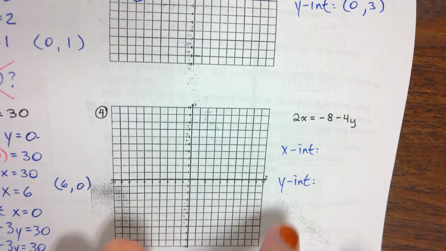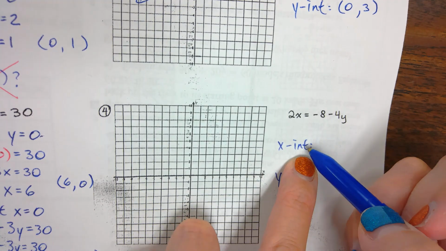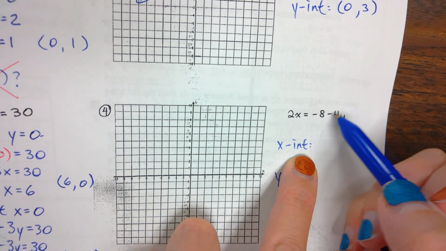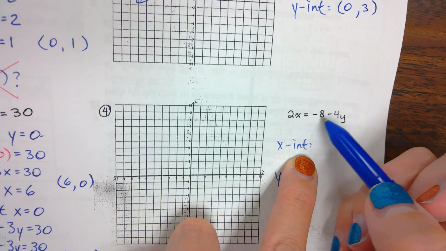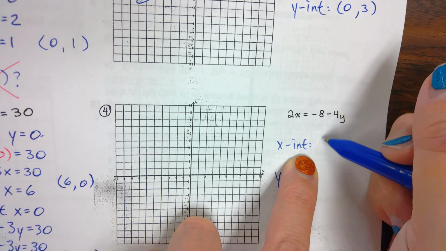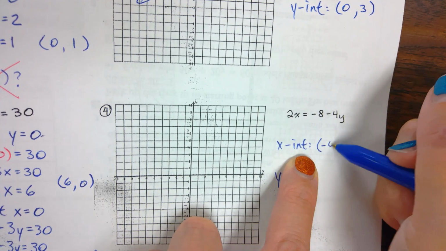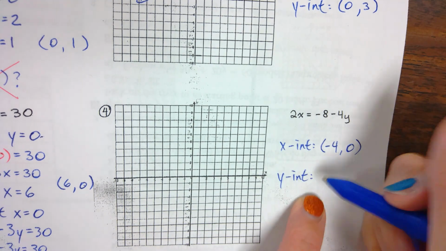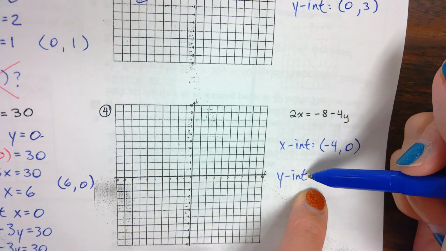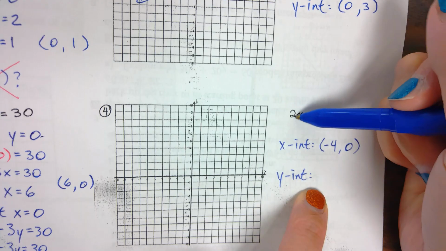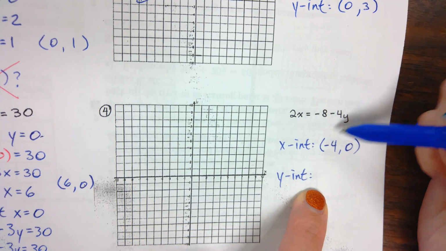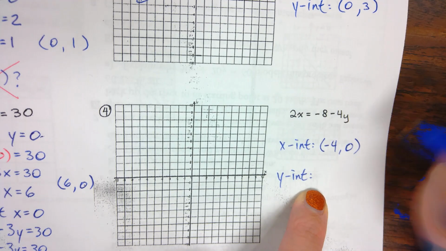Number 4, same thing. Let y be 0. So when this is 0, that's gone. So -8 divided by 2, you get -4. So -4 and 0 also. And then for y-intercept, you let x be 0. So when this is 0, you move that over to the other side and divide.